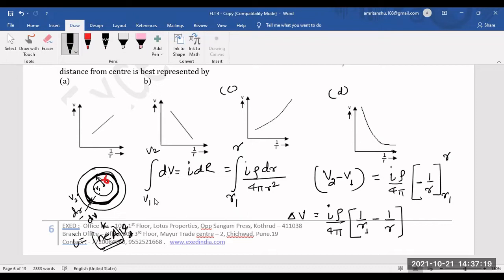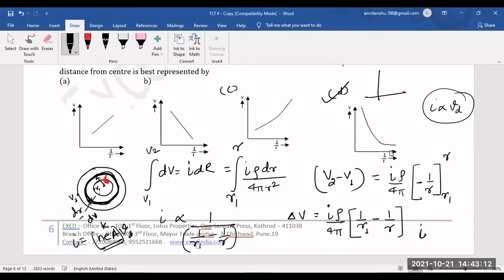So when I plot, you can see here, since I is a constant and drift velocity is directly proportional to current, we just need to plot I with 1 by R1 minus 1 by R. So when I plot this, I think the shape of the graph should be like this.